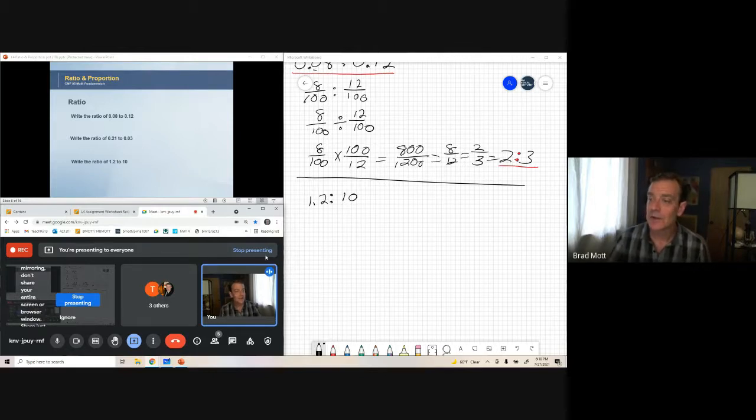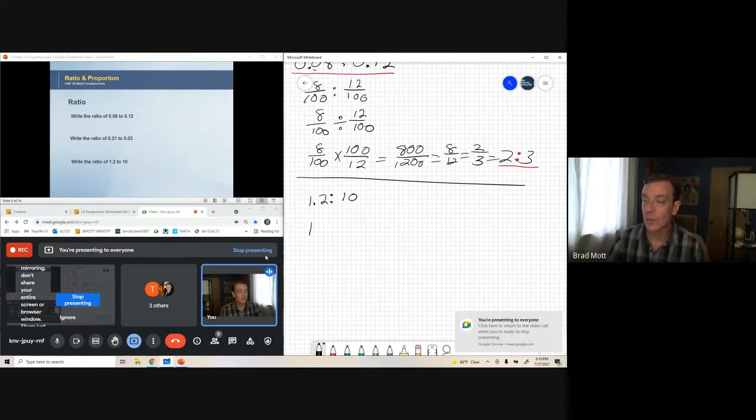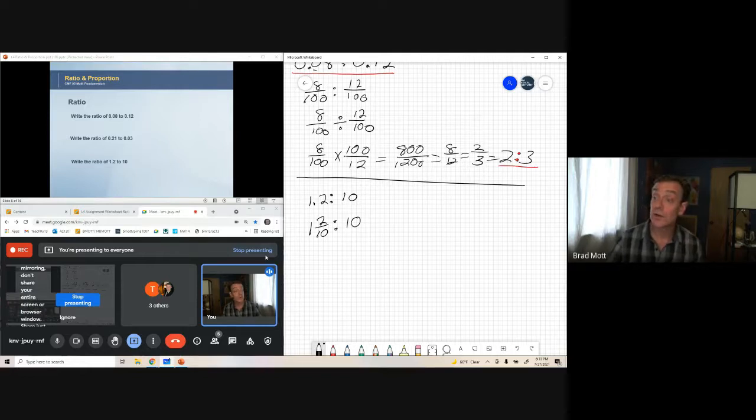Okay, so let's look at another one. So just like we saw yesterday, 1.2 can be expressed as 1 2/10. Remember? So 1 2/10 is to 10. So first thing I'm going to do is to convert this mixed number into an improper fraction.